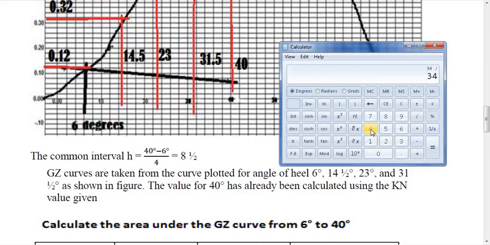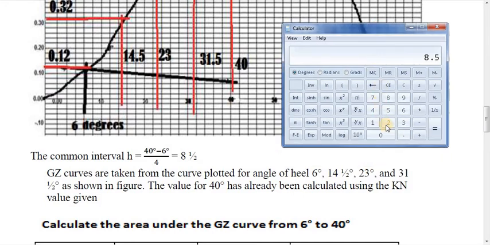Divide it by 4, which is a fixed number of common intervals, and the common interval will be 8.5. So we will add this to the 6.